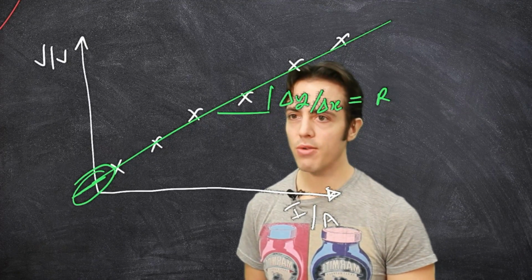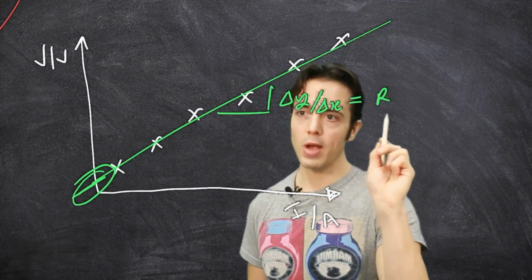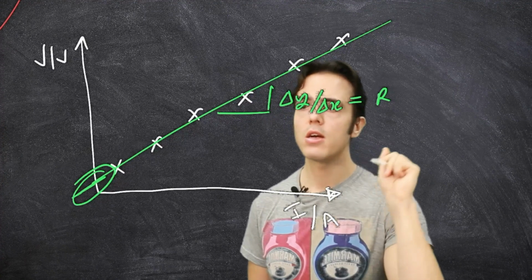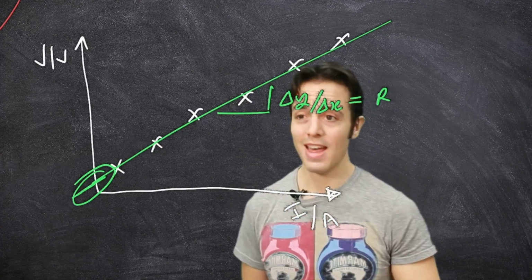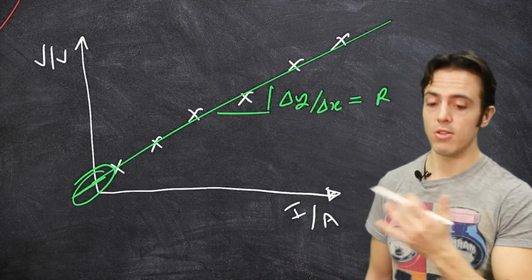That offset is taken into account by doing this procedure. What we end up with here is the rate of change of the current through the resistor with the rate of change of the voltage, and that by definition is the resistance of this resistor.